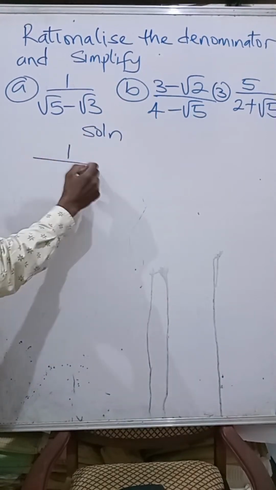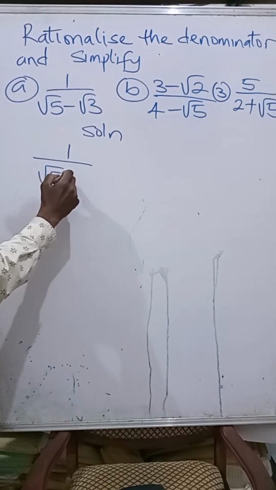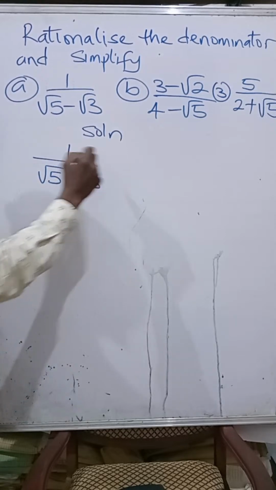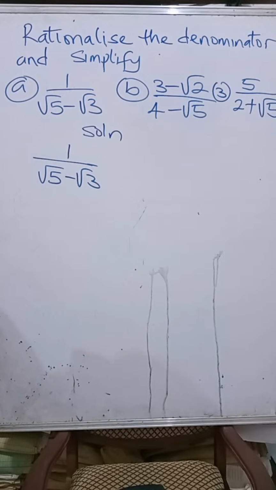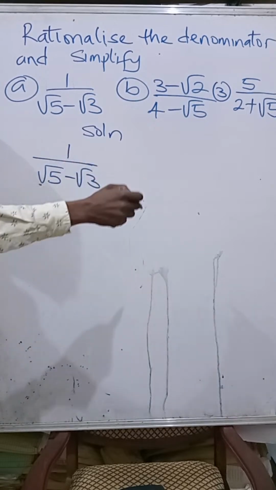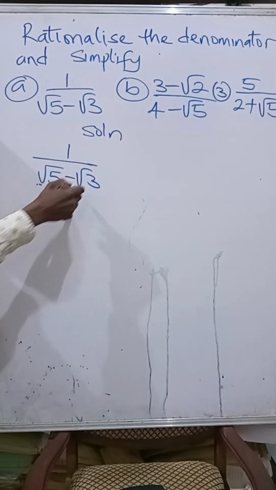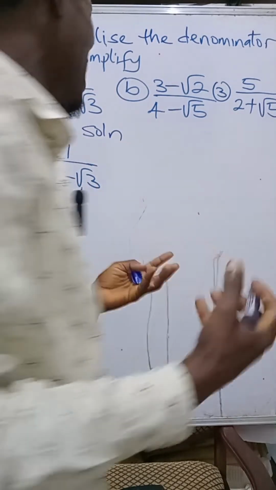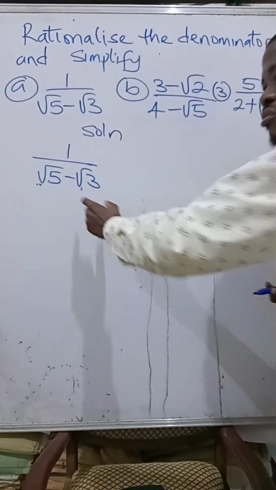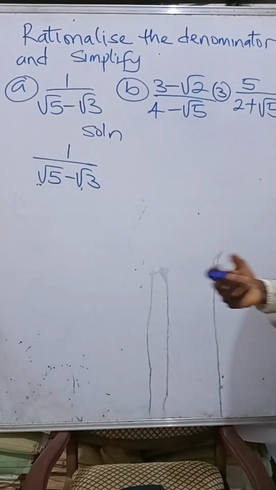We have 1 over root 5 minus root 3. So you can see that this denominator has an irrational root. We have root 5. We have root 3. So there's need for us to turn that irrational root to rational.